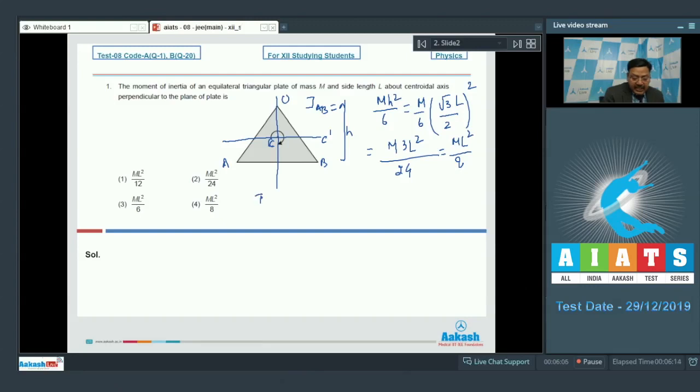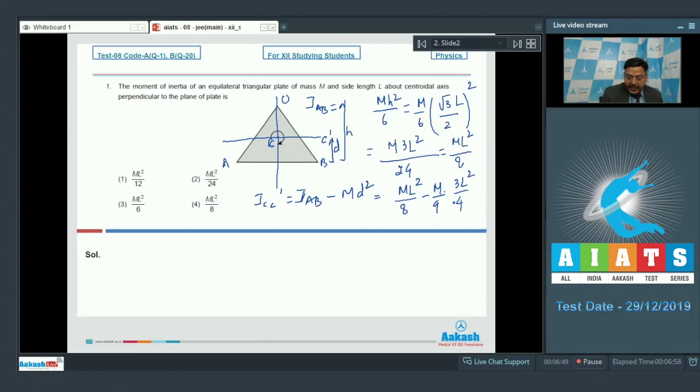So ICC dash we can find using the parallel axis theorem, because ICC dash will be IAB minus m into d square, where d is this length, and we can see that the value of d will be h by 3. So this is equal to mL square by 8 minus m into h by 3 whole square, that means mh square by 9, and the value of h square is 3L square by 4.